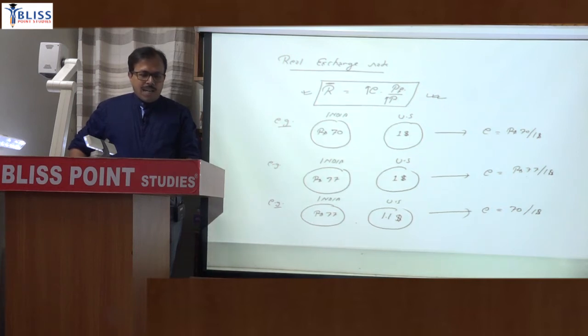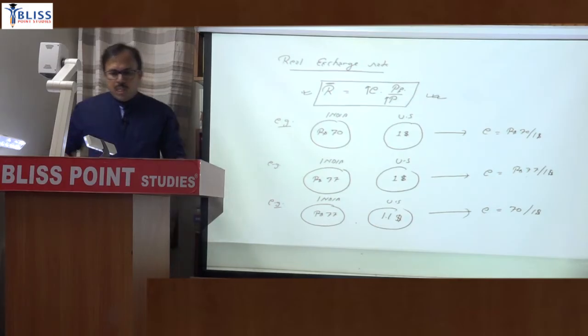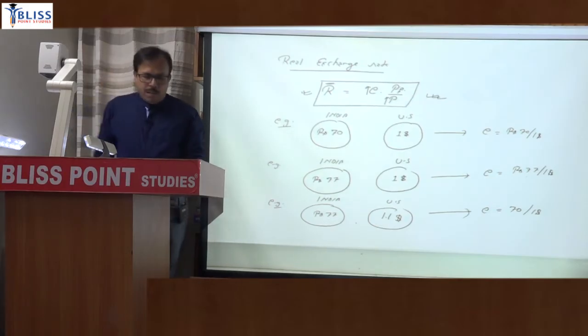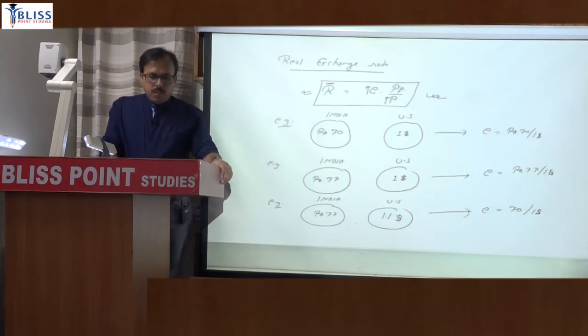Two currencies are at purchasing power parity when a unit of domestic currency can purchase the same basket of goods in the home country or abroad.